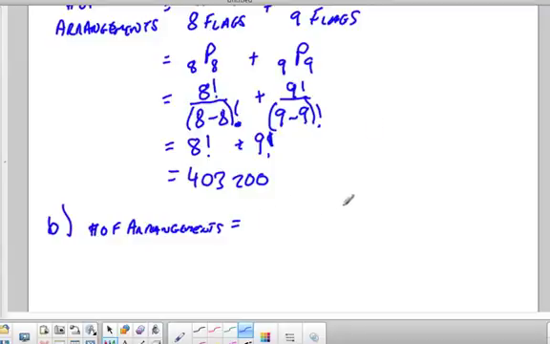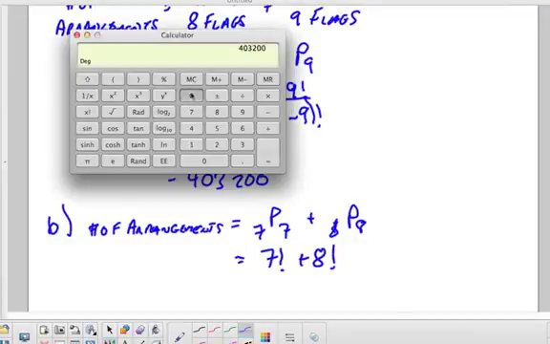So then for the rest, if there are 8 countries attending, it's going to be the permutation of 7, choose 7, plus the permutation of 8, choose 8, which is 7 factorial plus 8 factorial. So 7 factorial is 5,040, plus 8 factorial, which is 40,320, and that comes out to be 45,360.